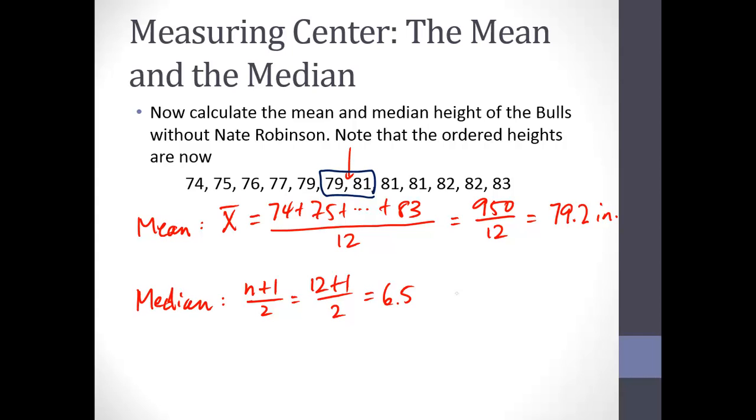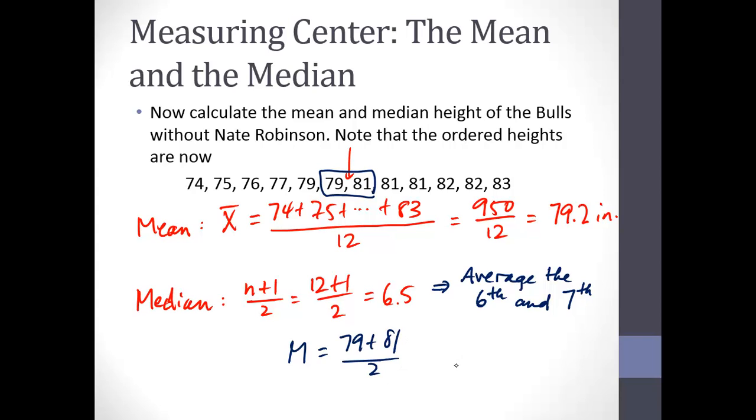So again, we want to find that number that's exactly in the middle. So now the median m is going to be 79 plus 81 divided by 2, or 80 inches.